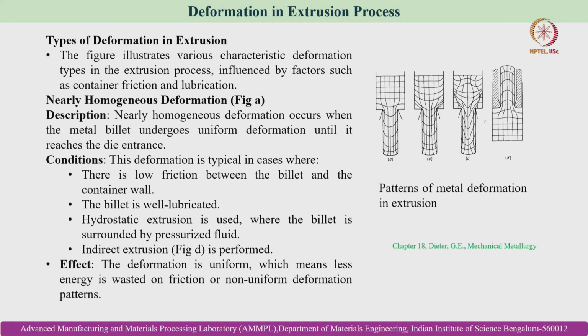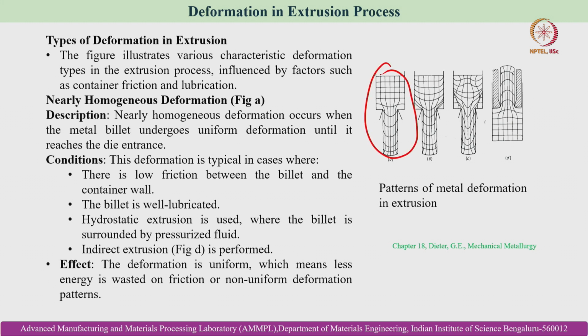Now, what are the different types of deformation in extrusion? So basically these deformation modes in case of extrusion depend on the frictional conditions prevailing between the die and the billet getting extruded at their interface. So here you can see from this figure, various characteristic deformation modes are discussed.